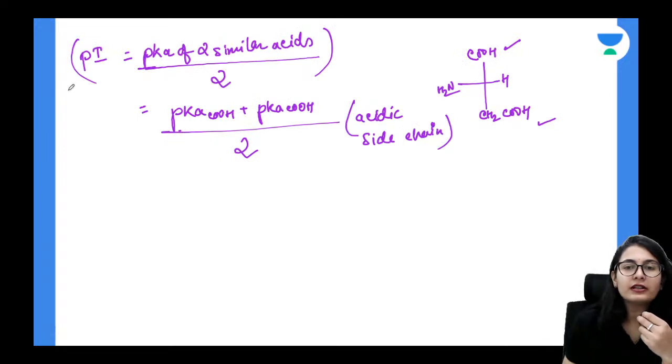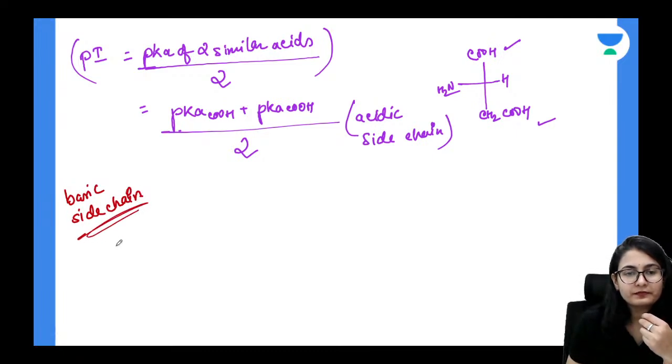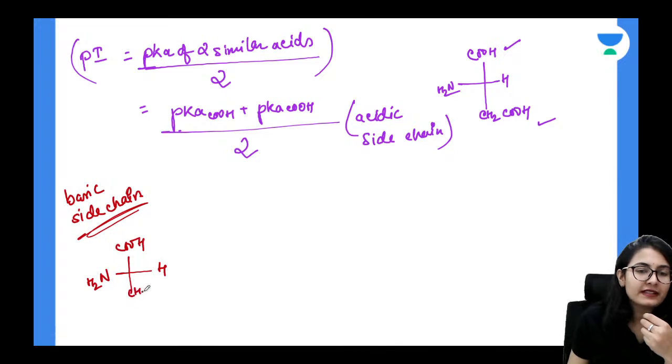Okay, for acidic side chain, write this down, and for basic side chain, yes guys, who was there in the basic side chain? Let's consider the example of histidine.